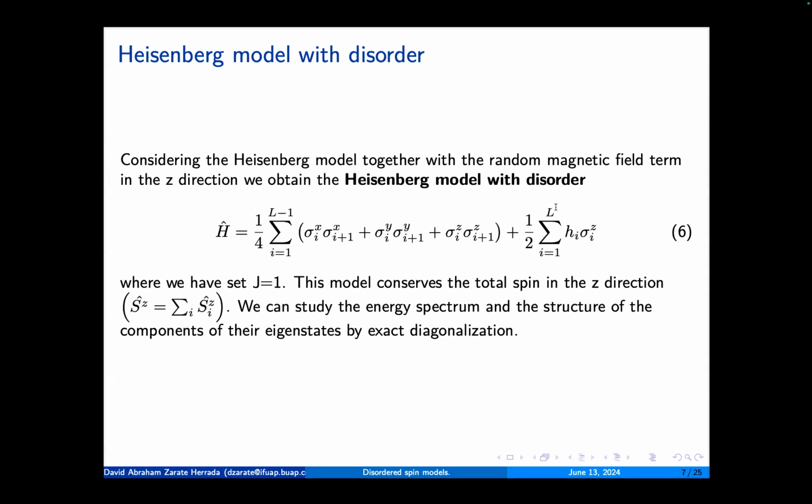This model conserves the total spin in the zeta direction. We can study this model by its energy spectrum and the components of its eigenstates, for example, using exact diagonalization.